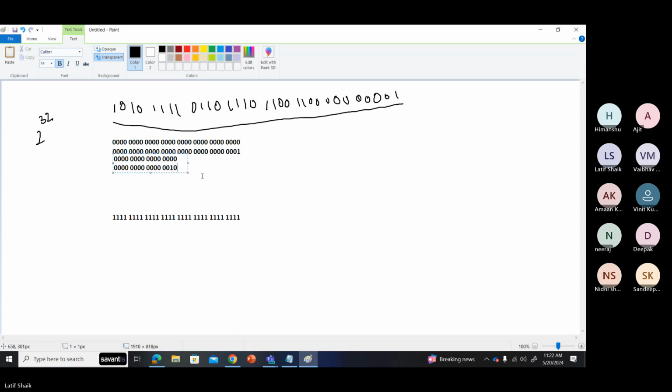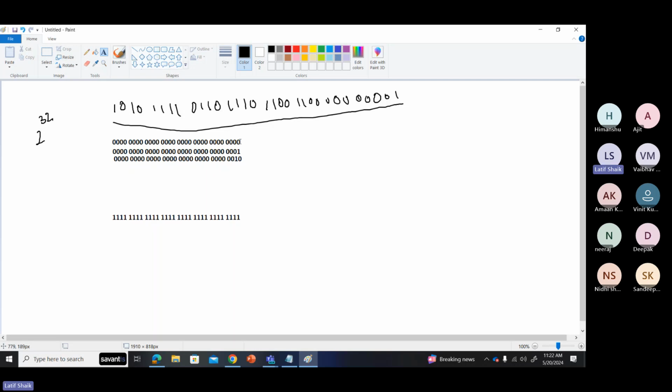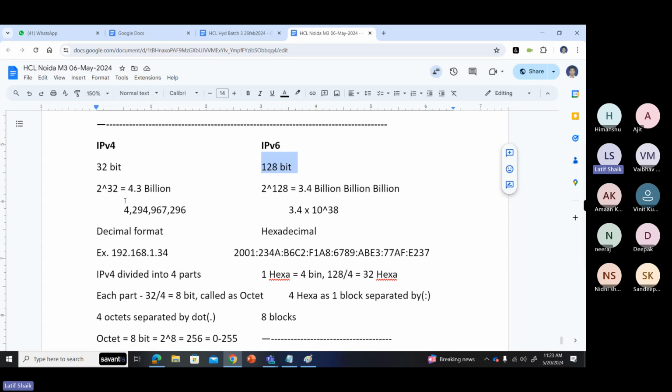It keeps going like 1 0, 1 1 1 1 1, and reaches the bottom. You know how many there are? 2 to the power of 32 is our number of IP addresses, which is around 4.3 billion IP addresses.